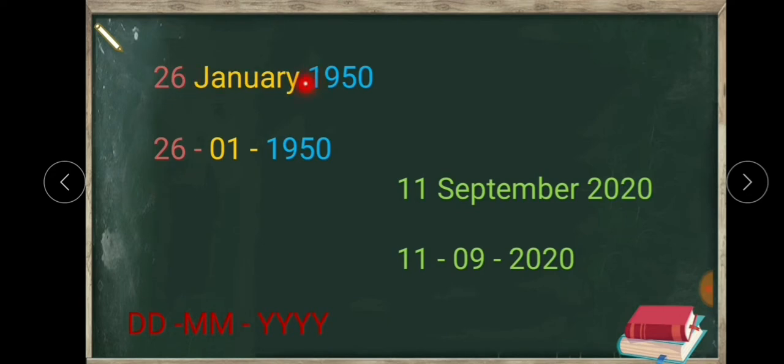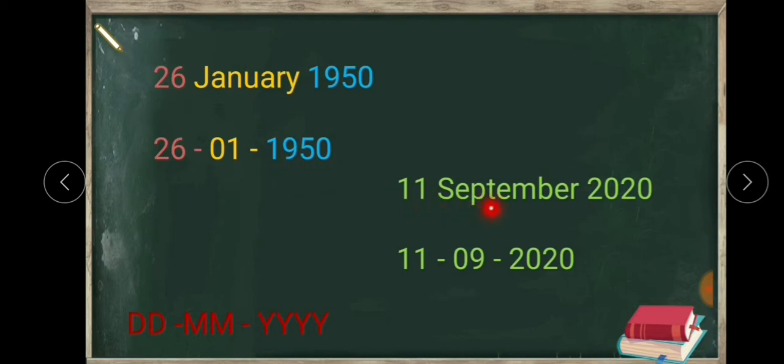And the given month is January. January is the first month of the year, so we can write 1. Here we have to write 2 numbers, so instead of January, we can write 01. And the year, we write the same.